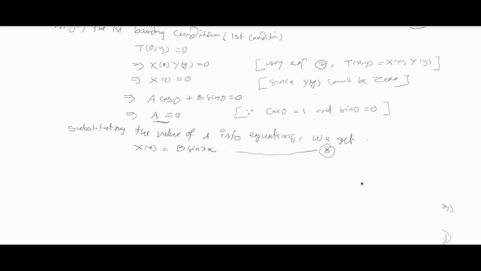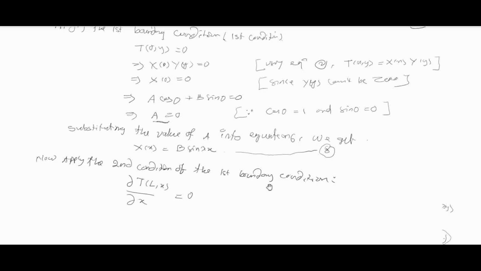Next, we got X of x. Let us now apply the second condition of the first boundary condition. Now what is that? It is given that del T by del x is equal to 0.